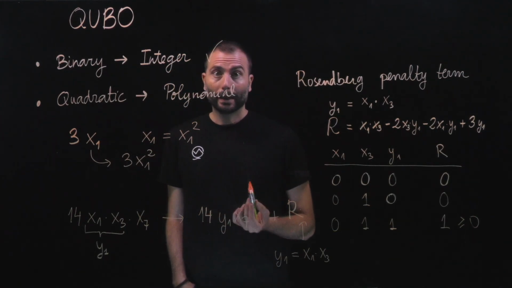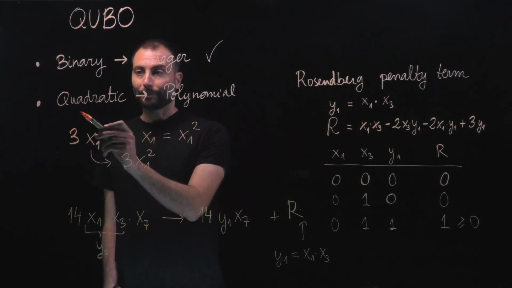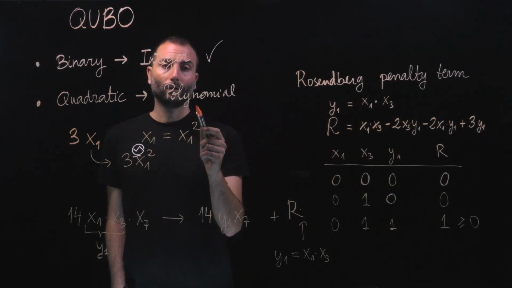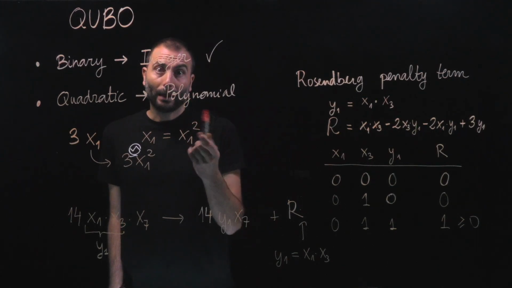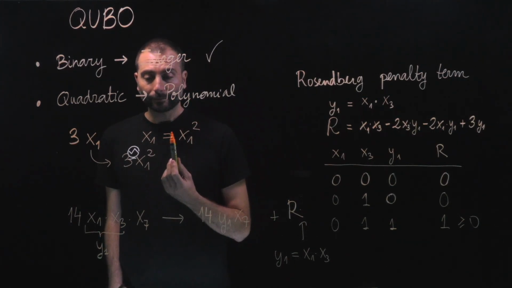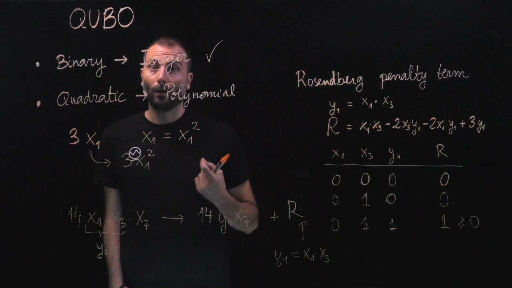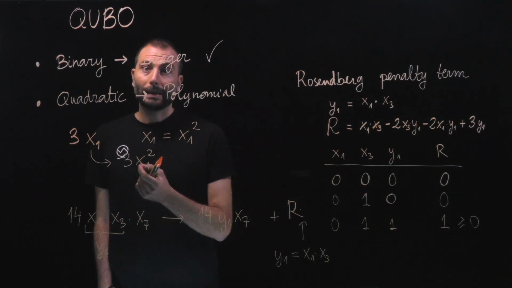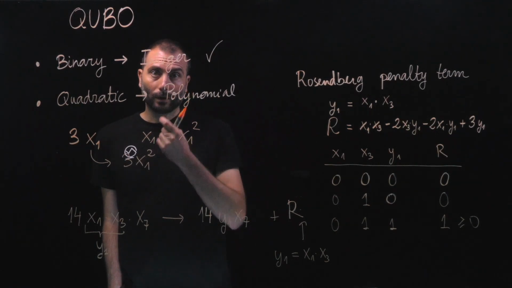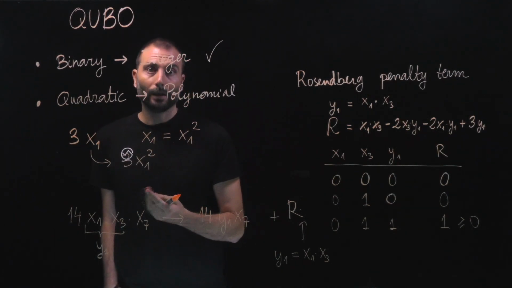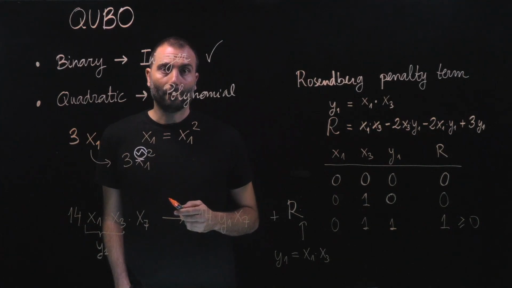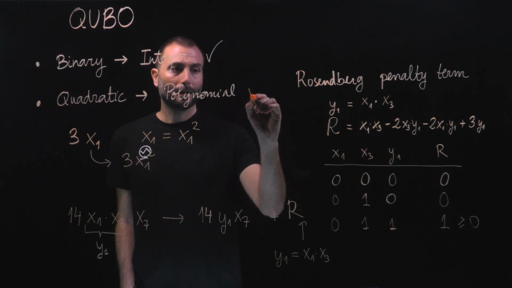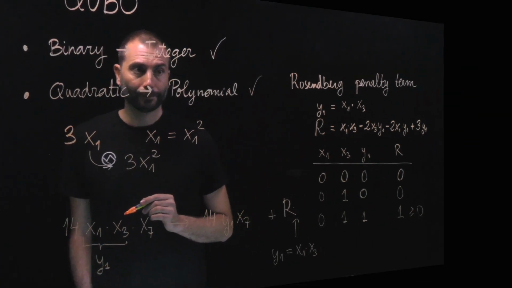So with this you show that a cost function that is not quadratic can also be reduced to a quadratic cost function, at the cost of adding more variables. Basically, every time that we want to reduce by 1 the degree of the polynomial, we need to add an extra variable. But with this, we relax the second condition of QUBO.